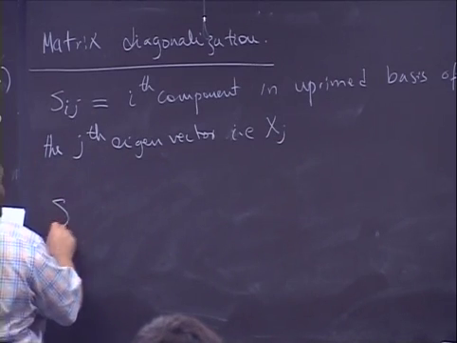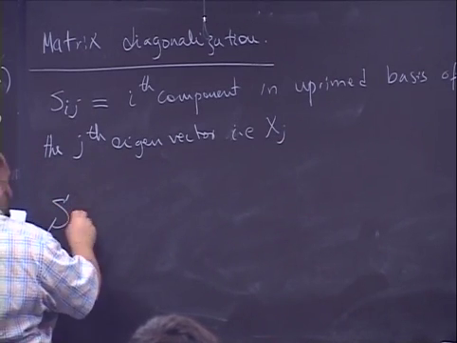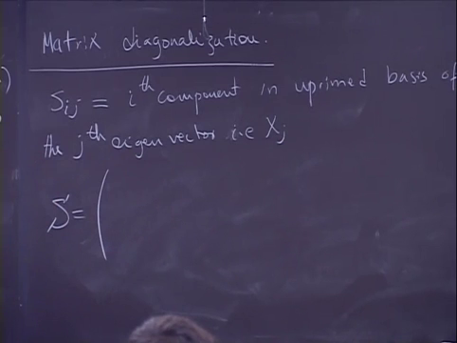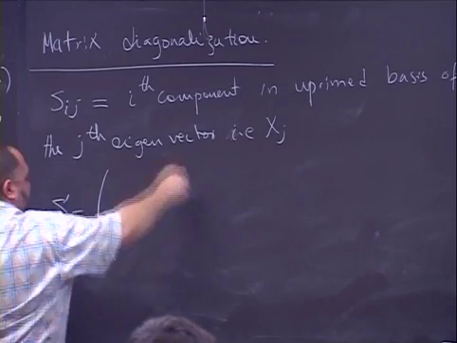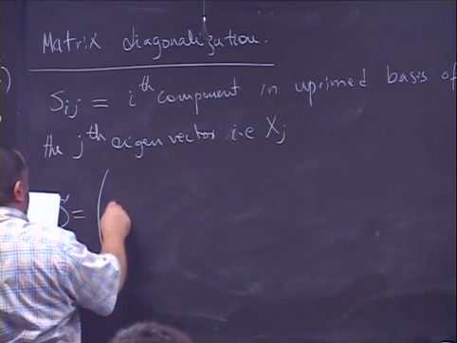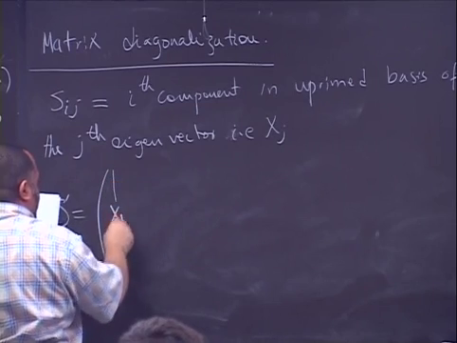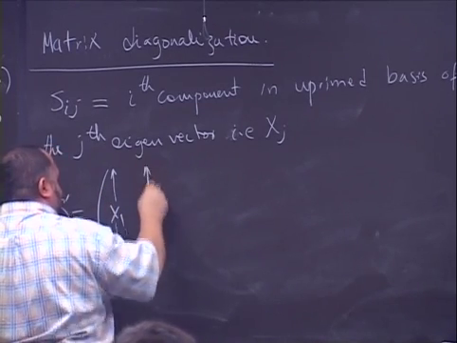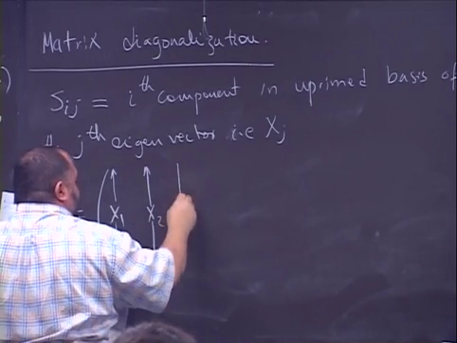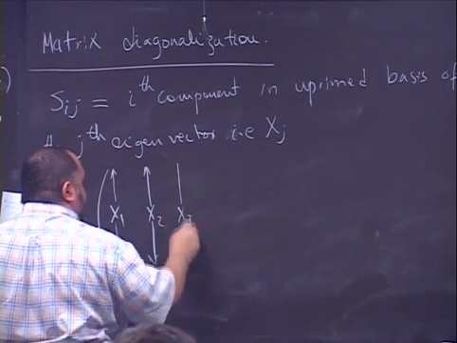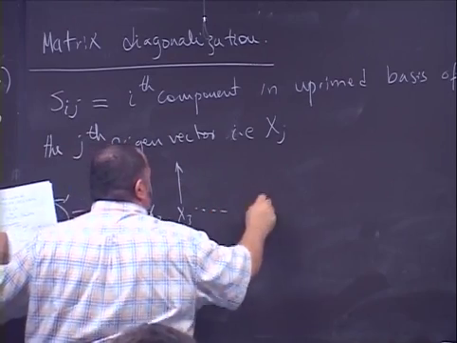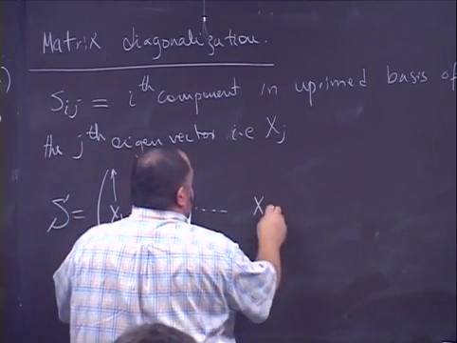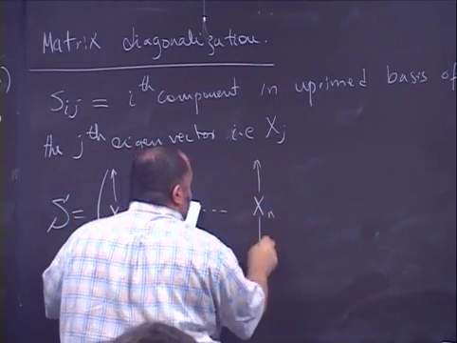So how to form it? This would be matrix S. You will get all the eigenvectors of the matrix A and just align them column by column. So this will be eigenvector number 1 of the matrix, eigenvector number 2, eigenvector number 3, and so on up to x_n, the eigenvector n of the matrix.